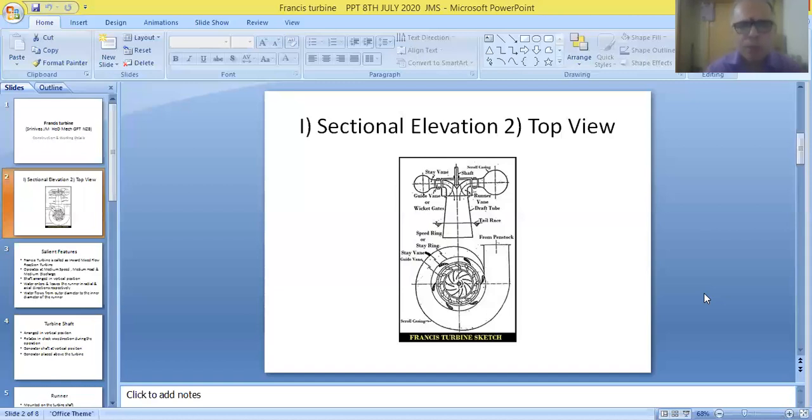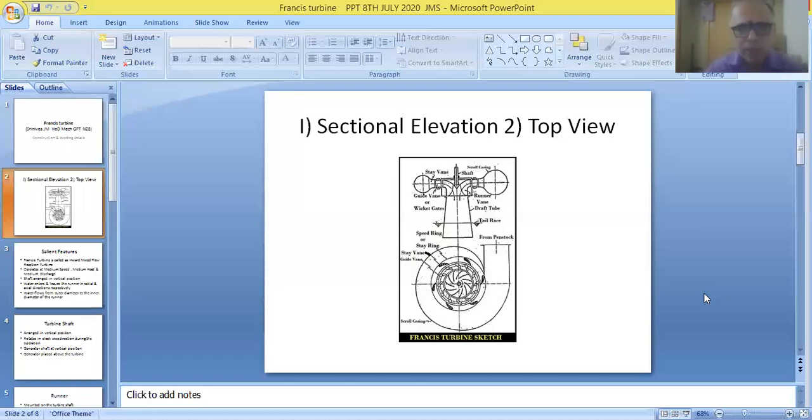As shown in the figure, this draft tube is fitted to the outlet of the runner. The inlet is fitted to the outlet of the runner, and the outlet is submerged in the second reservoir. So therefore, it will be receiving the quantity of water coming out of the runner.